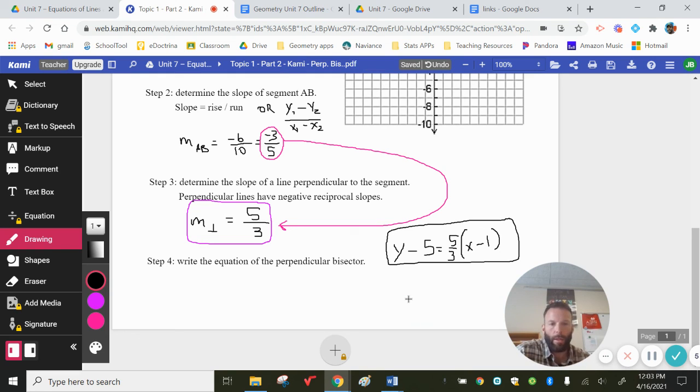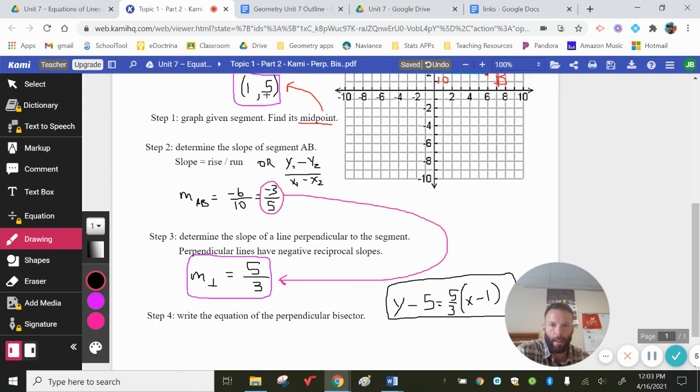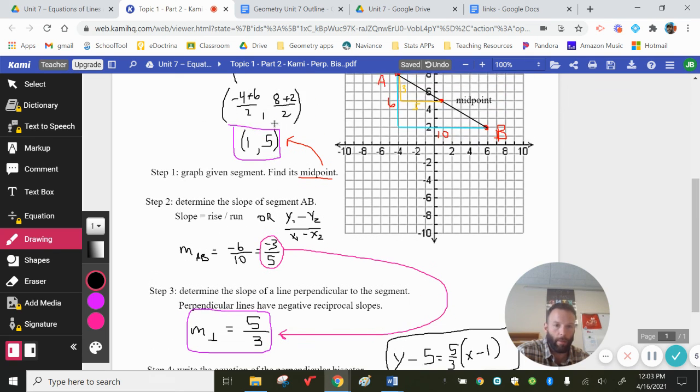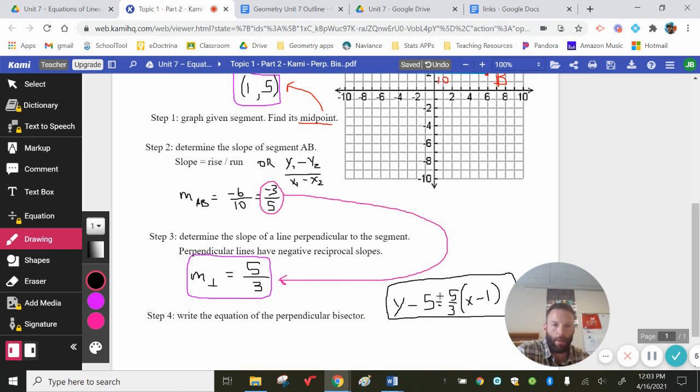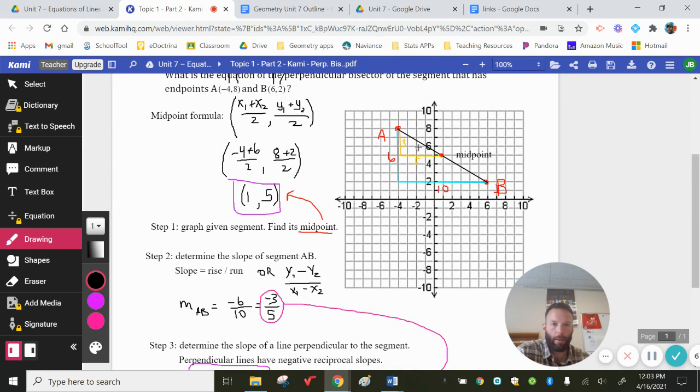So the equation of my line in point-slope form is y minus 5, because 5 is the y-coordinate of the midpoint, equals 5/3 times (x minus 1), the x-coordinate of the midpoint. So there's the answer: the equation of the line that is the perpendicular bisector of the segment from point A to B.